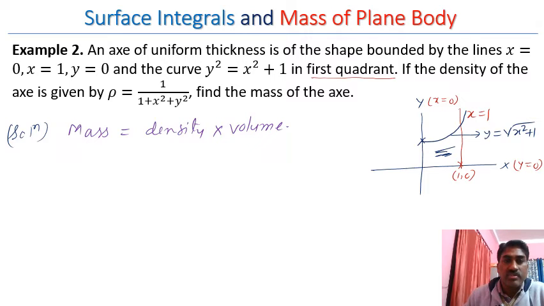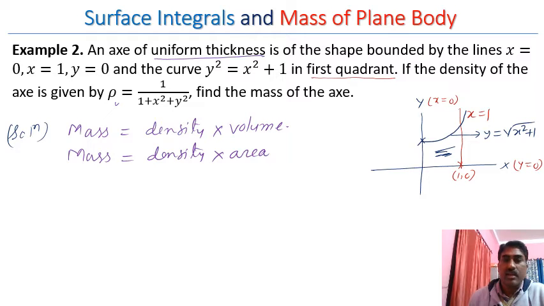But the question says that lamina means axis of uniform thickness, and due to uniform thickness and density does not contain the term in variable z, so the density is per unit area. So this rho is per unit area. In this sense, our mass will become density into area.